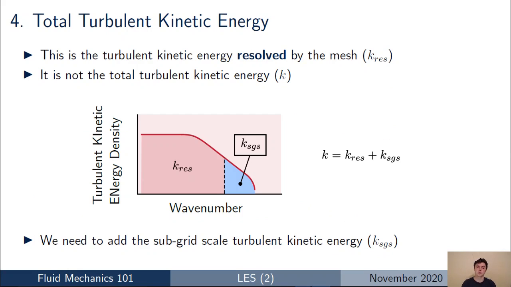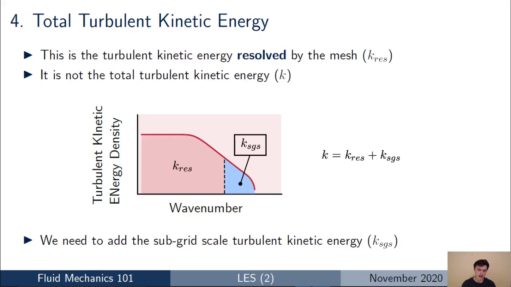So now it's worth making a very important point that what we've just calculated in the post processor is the turbulent kinetic energy that's resolved by the mesh. I've used the subscript notation K sub res there to be absolutely clear that this is not the total turbulent kinetic energy. In a RANS calculation, as a reminder, what we're solving for is the total turbulent kinetic energy, which I've used just the plain notation of K there.